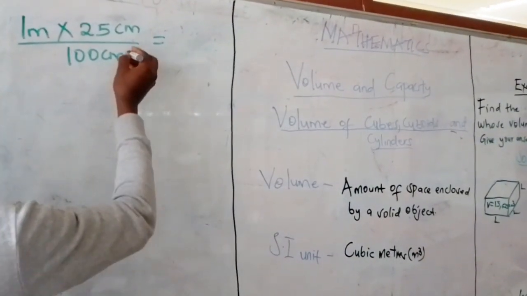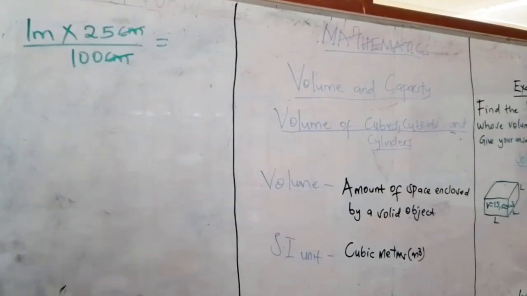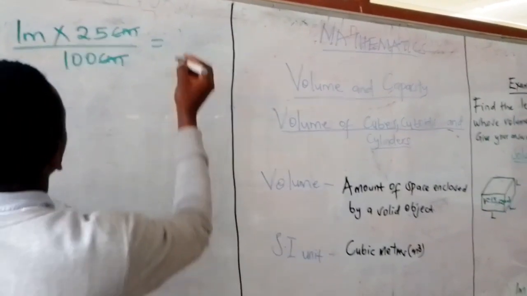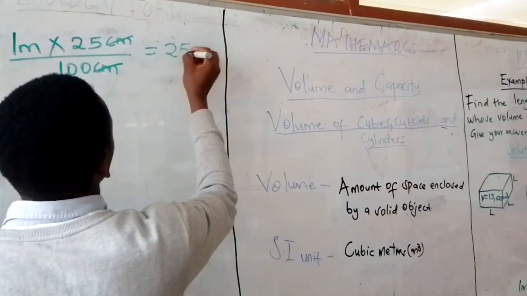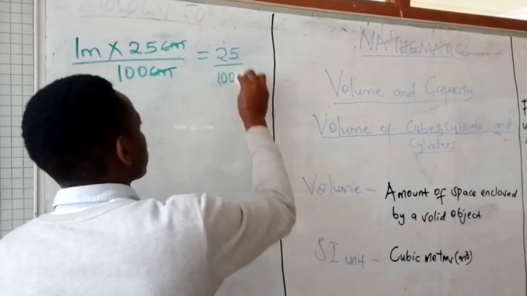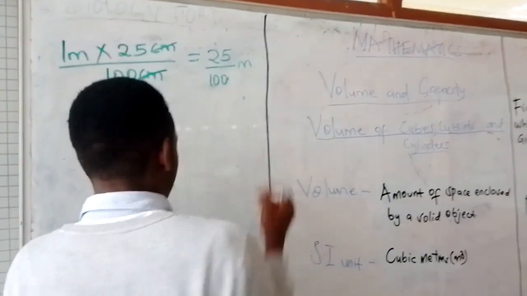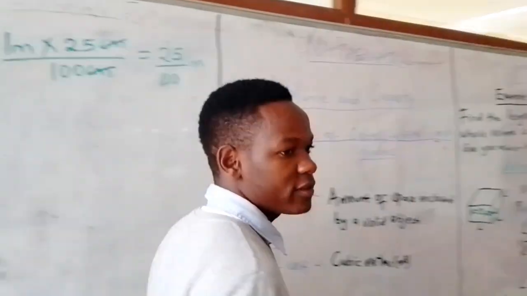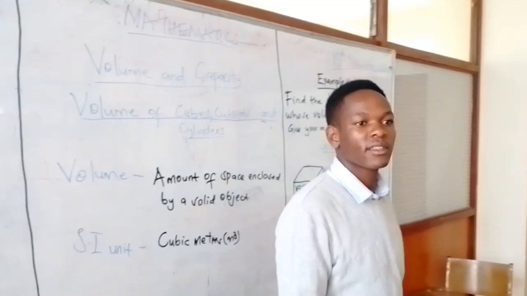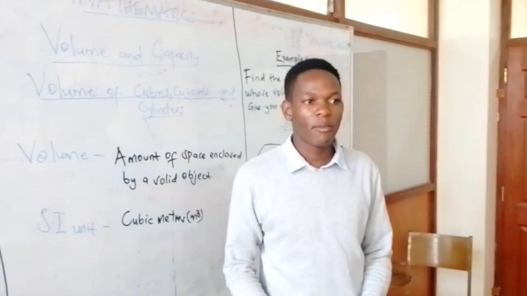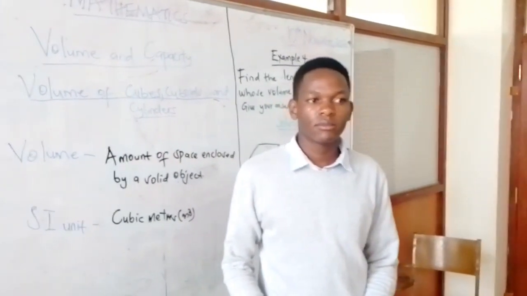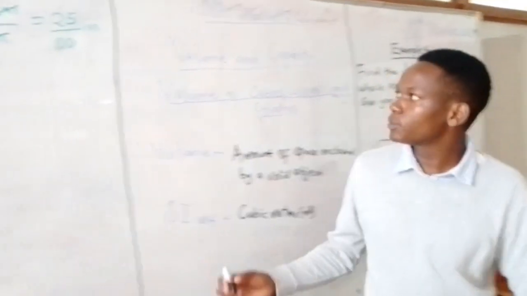What do we get? Centimeters cancel. So you have 25 over 100 meters. What is 25 divided by 100? Yes, it's 0.25.